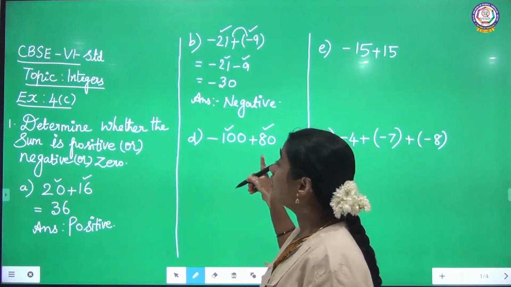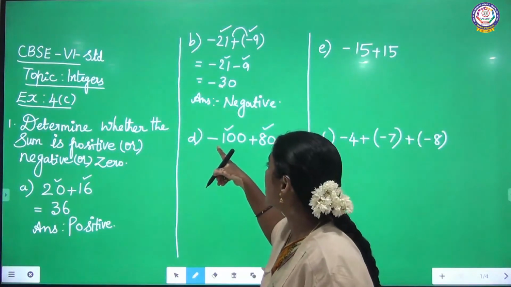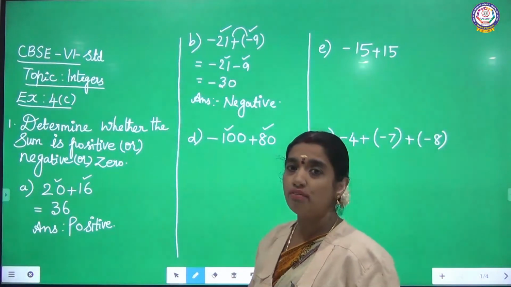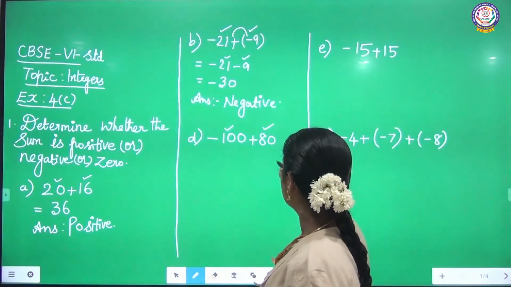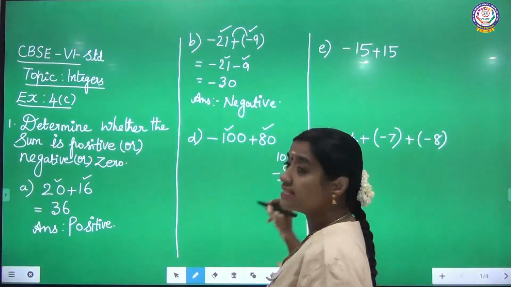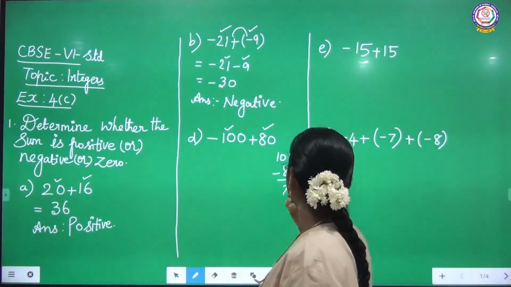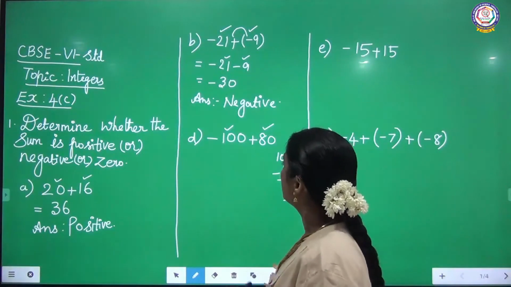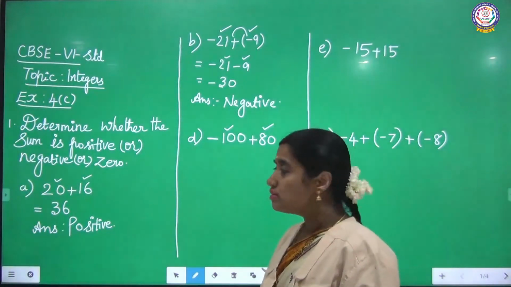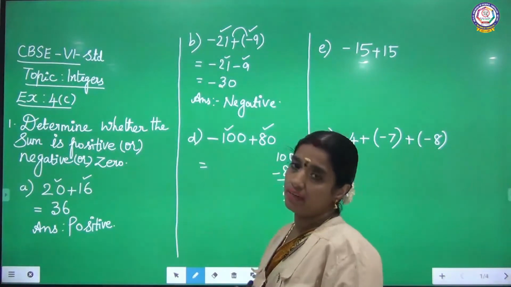But here alternate signs, minus integer plus integer, alternate sign. So what do I have to do? Subtract. So when I subtract 100 minus 80, the answer is what? 20. See this? Which has more here? The negative integer is more. So I have to put that symbol.